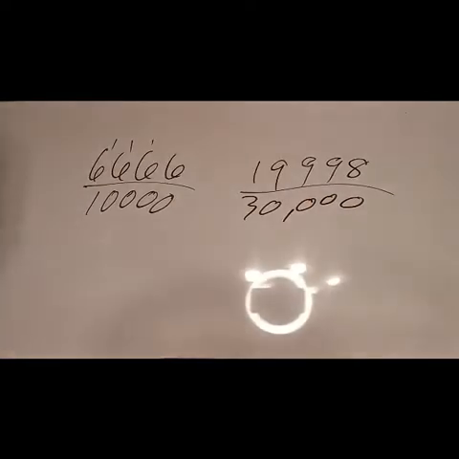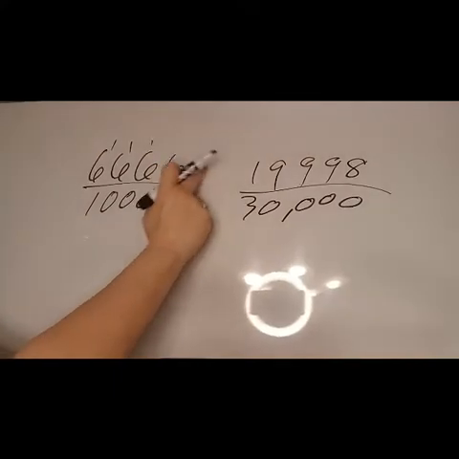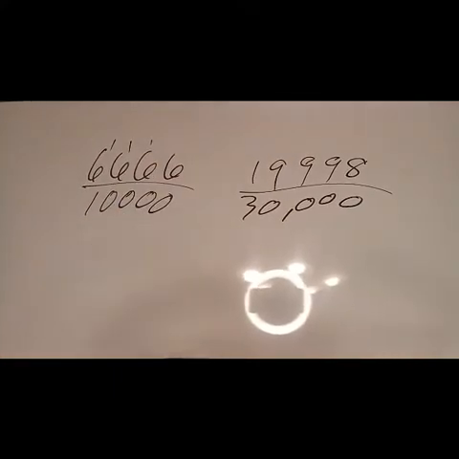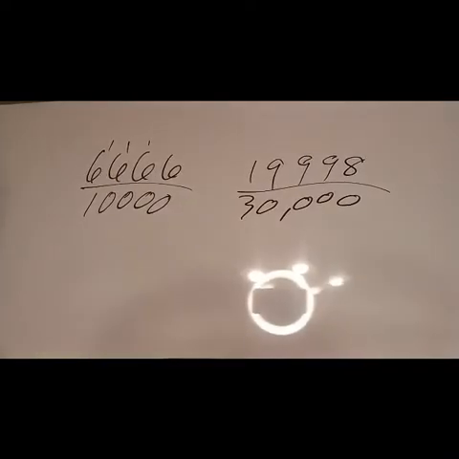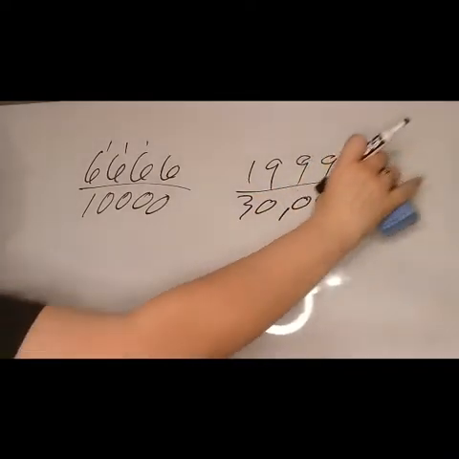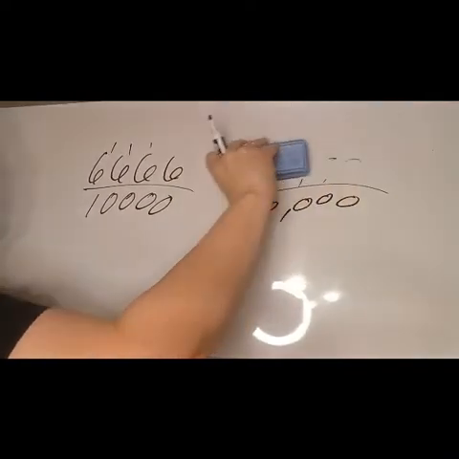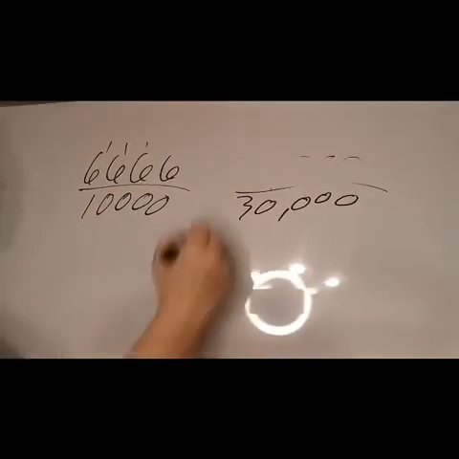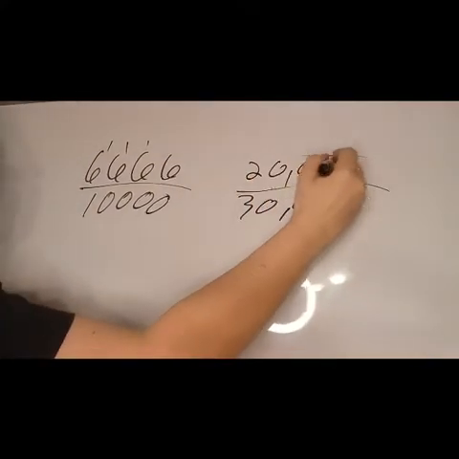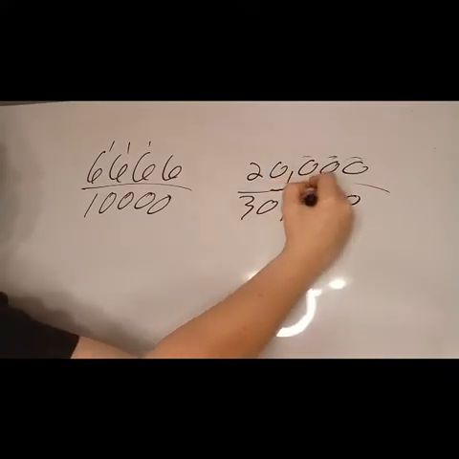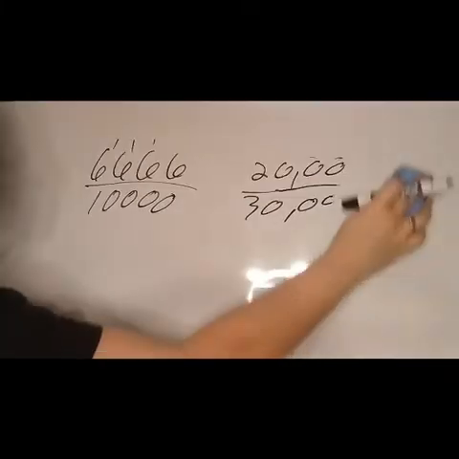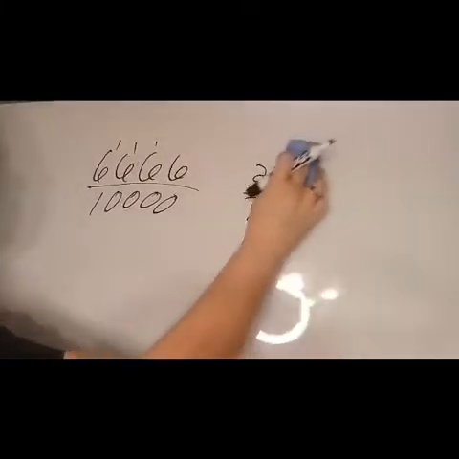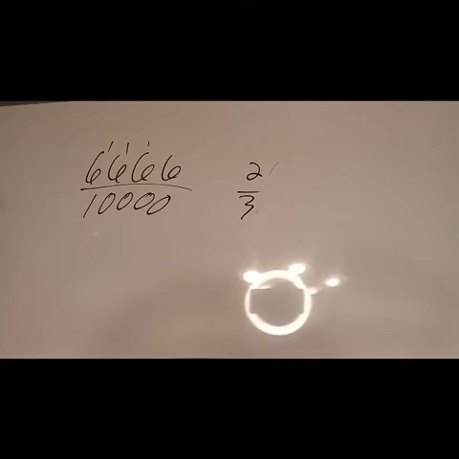We're going to round at this point, because we cut off the 6s and those would have added on. So we round up. This is going to be 20,000 over 30,000. Now all we have to do is simplify by erasing zeros. We got our 2/3.